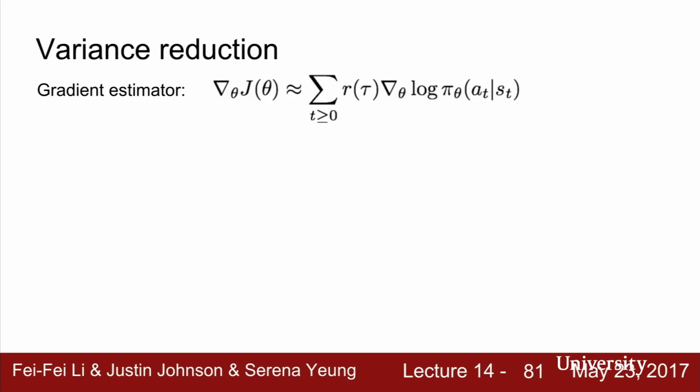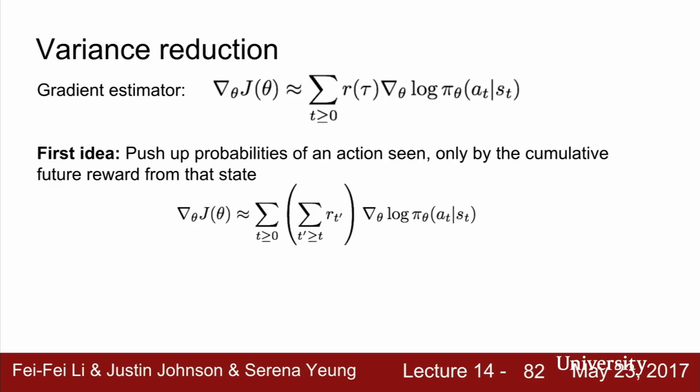Variance reduction is an important area of research in policy gradients, in coming up with ways to improve the estimator and require fewer samples. So let's look at a couple of ideas of how we can do this. Given our gradient estimator, the first idea is that we can push up the probabilities of an action only by its effect on future rewards from that state, right?